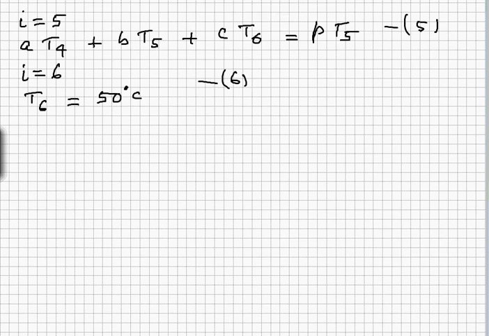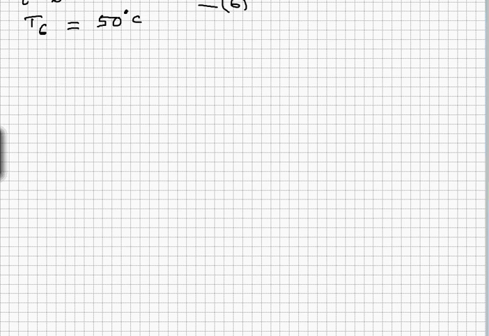So if I assemble all this information in a matrix form, this is going to be a little tricky, and I'll do my best. Let me try and draw this carefully. What I would get is a matrix with a first row of 1, 0, 0, 0, 0, 0. This is my first equation.